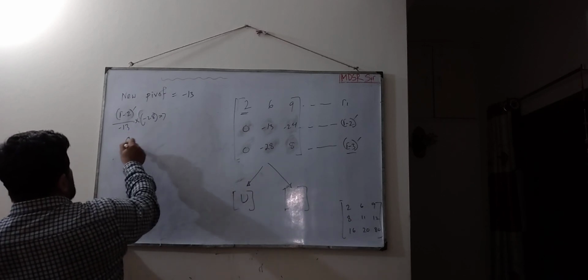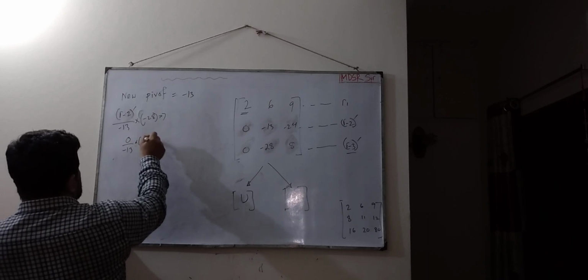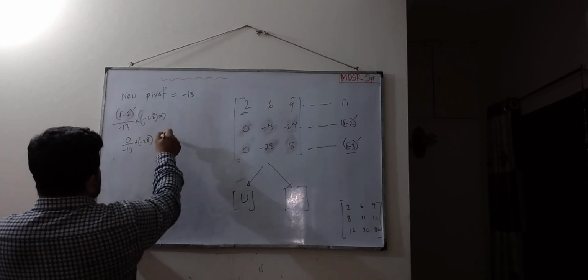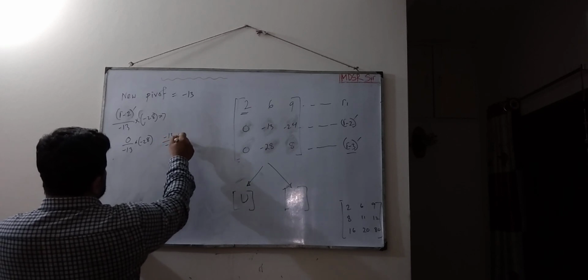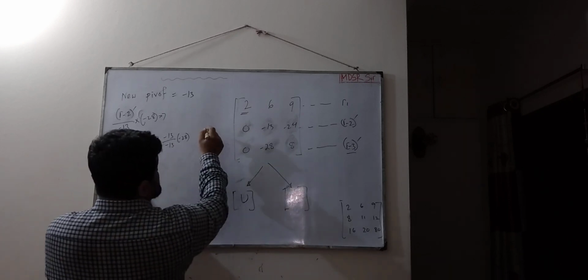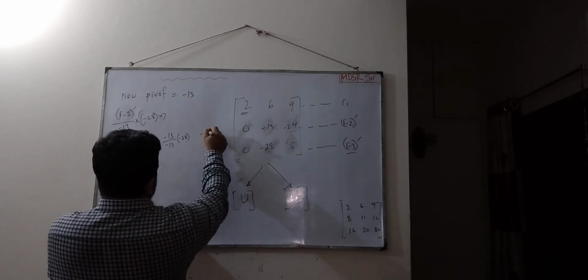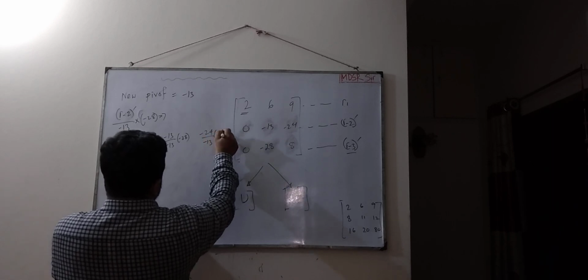0 by minus 13 into minus 28, then minus 13 divided by minus 13 into minus 28, then minus 24 by minus 13 into minus 28.